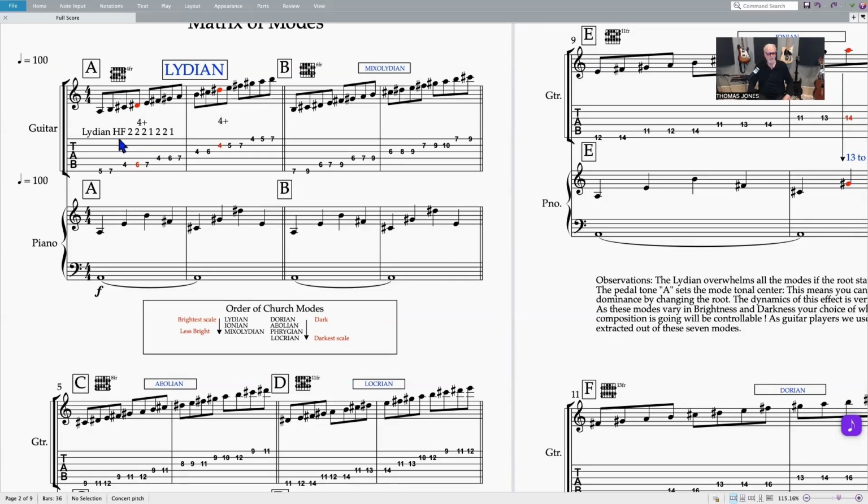So the thing is, if I take this formula and I start on an A up here and I apply it backwards, then I would get the Locrian scale, because I'd go 2, 2, 2, 1. This would go down here.